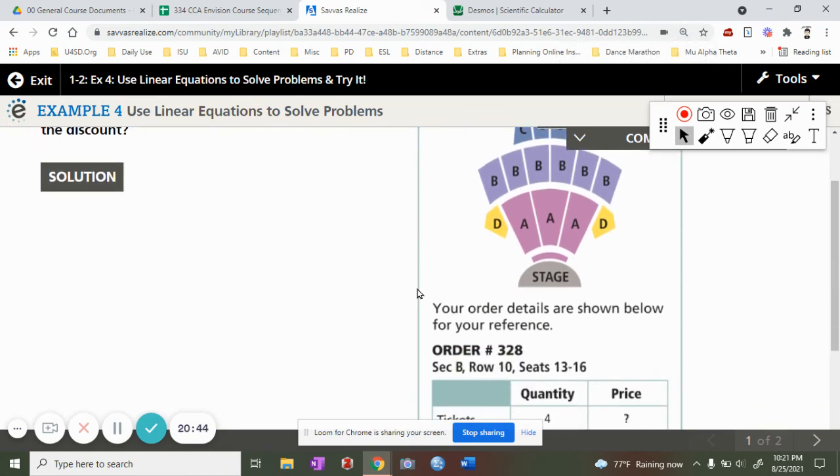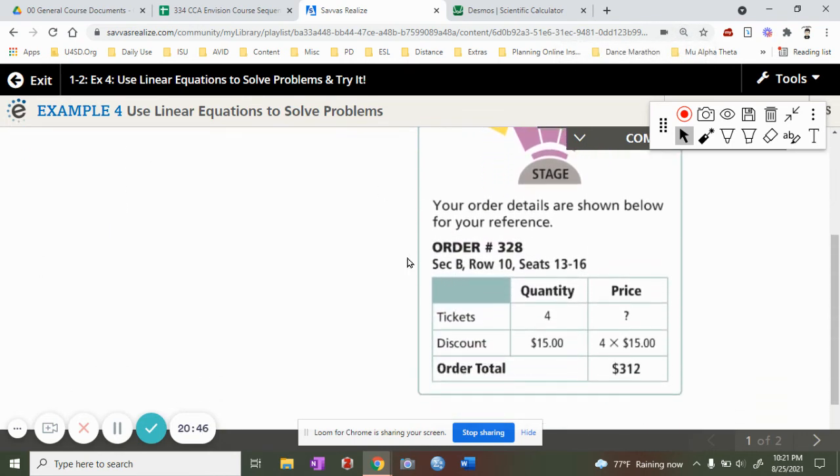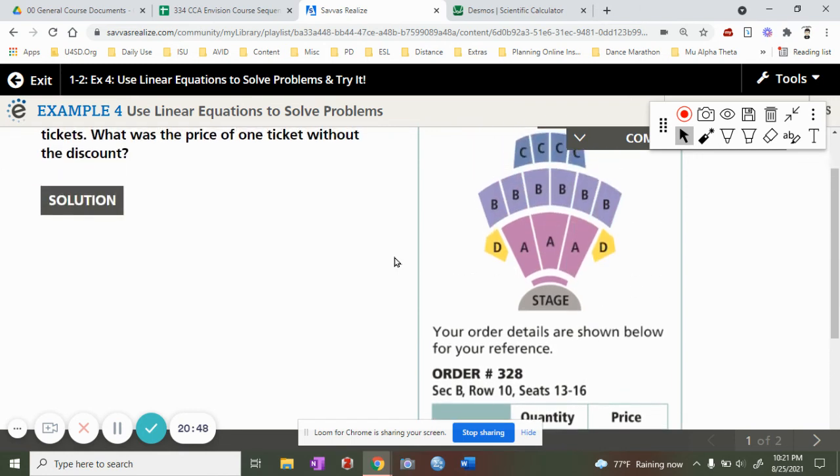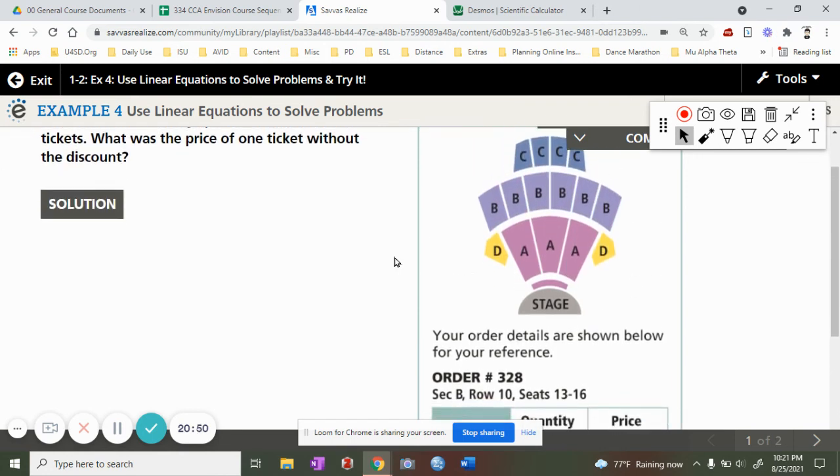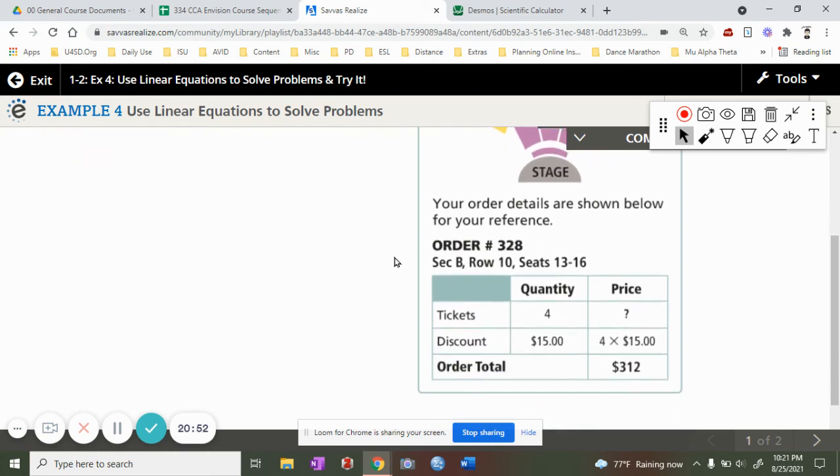We have 4 tickets in section B, row 10, seats 13, 14, 15, and 16. Now that part doesn't really matter, but what does matter is we know we have 4 tickets that were discounted $15 each, okay? And we have a total of 312.